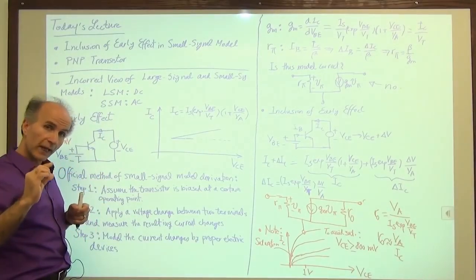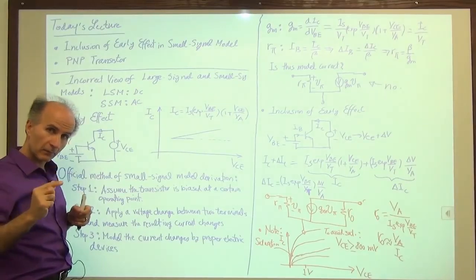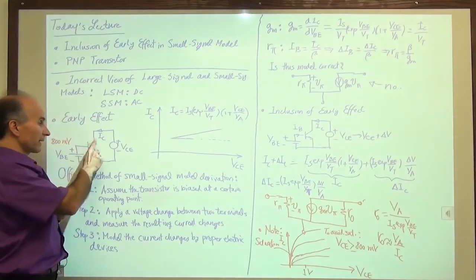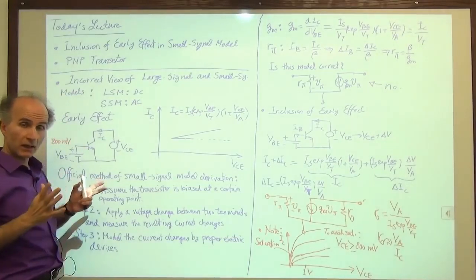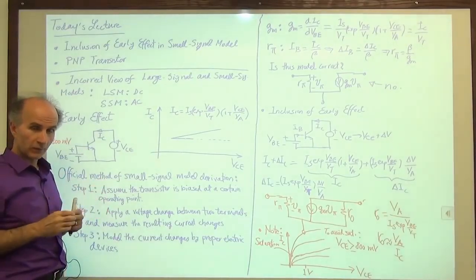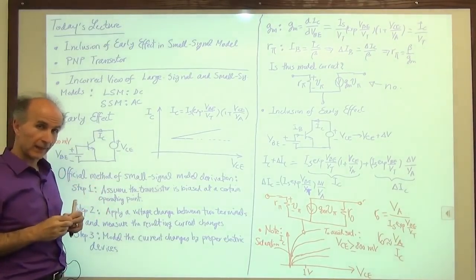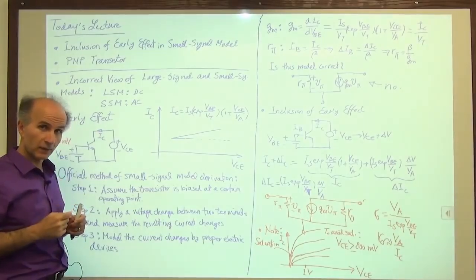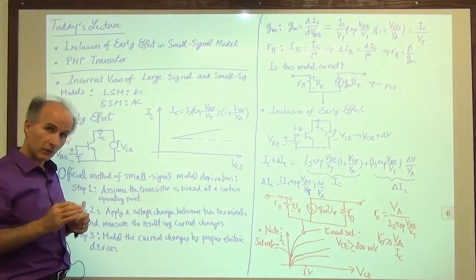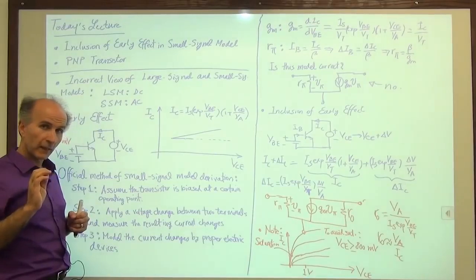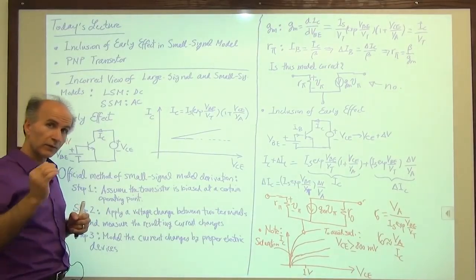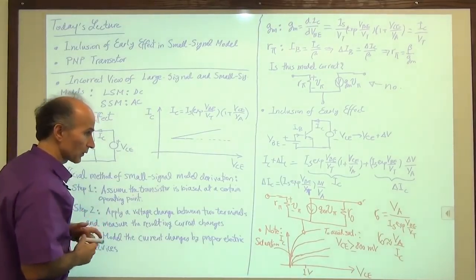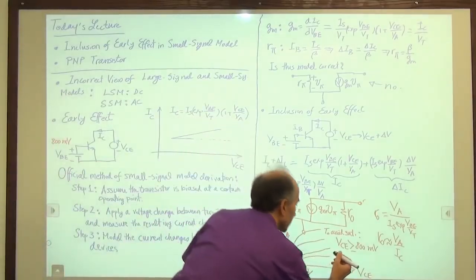So even though we have a forward bias of 300 millivolts between the base and the collector, it's not detrimental to the transistor operation. And that's what we call soft saturation. Soft saturation is allowed so long as we are very careful and we do not let that go into deep saturation.